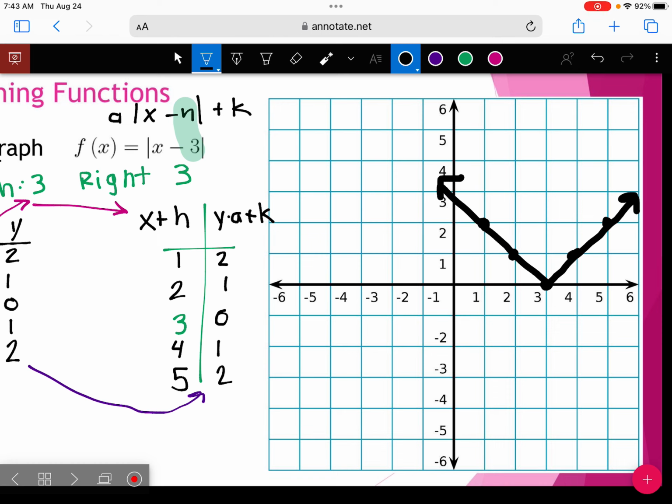We can see that from our first graph yesterday, this has in fact moved right 1, 2, 3 spaces. So you can always flip back to what we did yesterday. That very first one we did was our parent function. This has moved 3 spaces to the right. Our transformations said it was supposed to move 3 spaces to the right, so we did it good. This is a way to double check it without having to find a graphing calculator online.